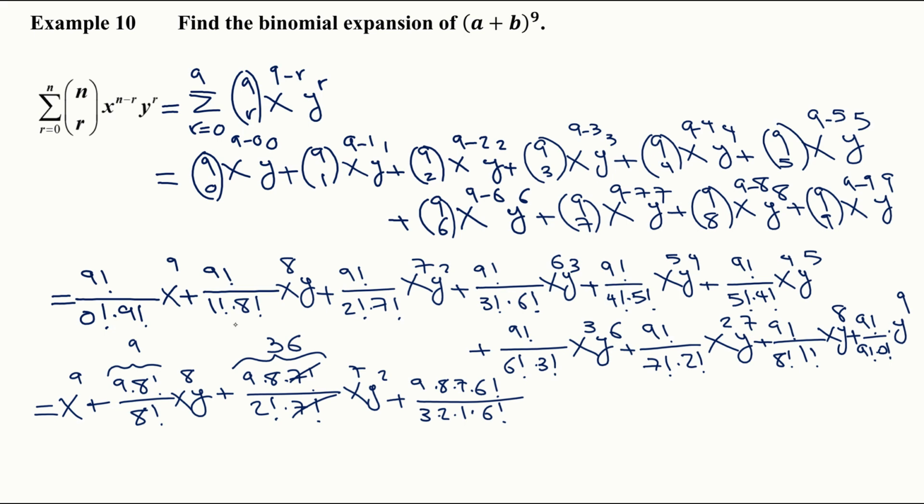So the 6 factorials will cancel out, and 3 goes into 9 3 times, 2 goes into 8 4 times. So basically we have 12 times 7, which is 84. So this coefficient here is 84. And we have x to the 6 y cubed plus.